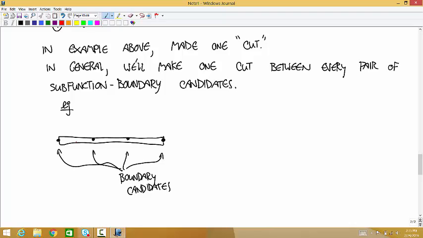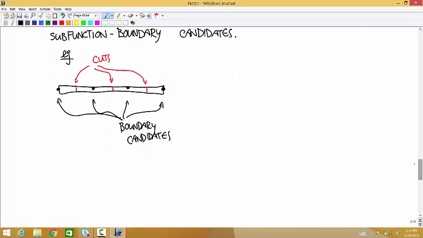You would do a cut here, and a cut here. So if you have n points that are boundary candidates, you need n minus 1 cuts.